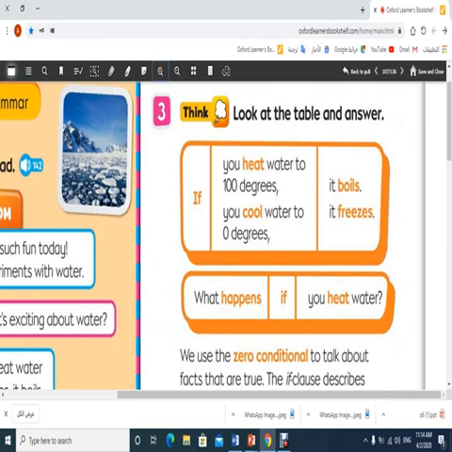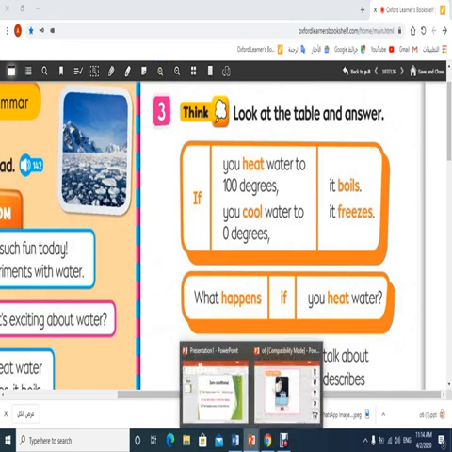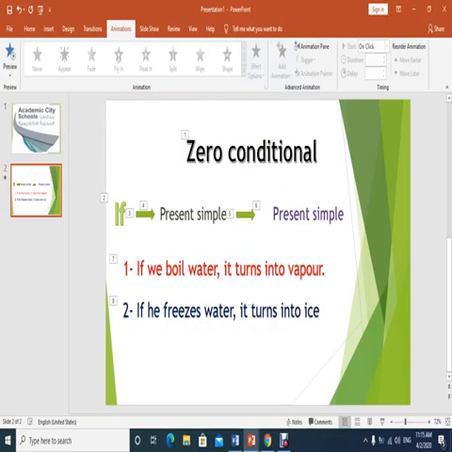If you cool water to 0 degrees it freezes. يبقى قاعدة if باختصار زي ما احنا شايفين مع بعض في الشرح.